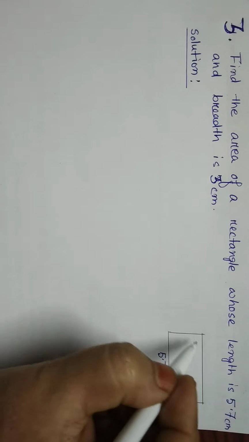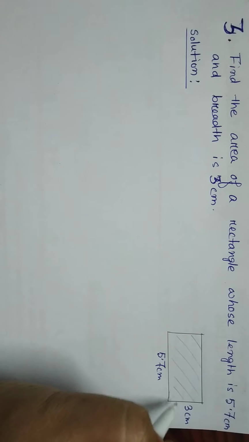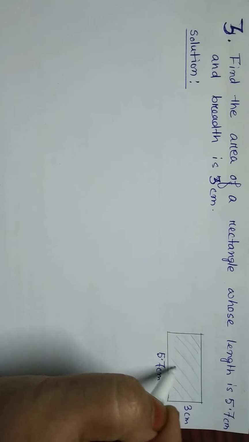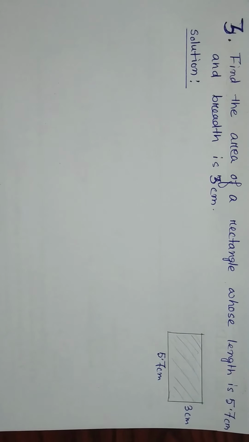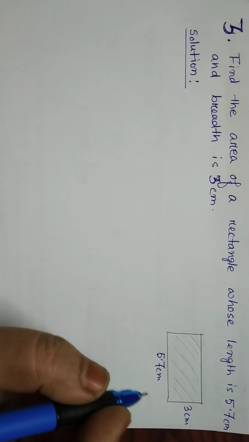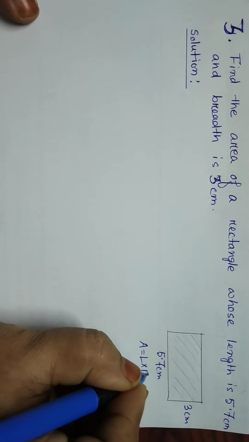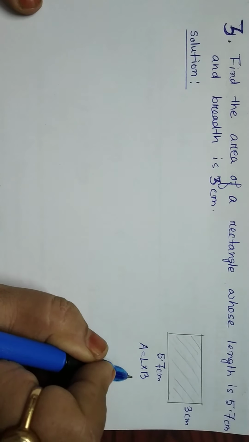The interior region. This is the boundary and this interior region we have to find, which means area. Now how to find the area? If we know the length and breadth, then we can find the area as length into breadth. The area of a rectangle formula is length into breadth.